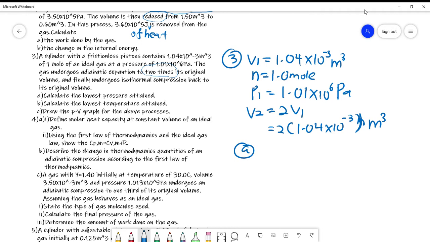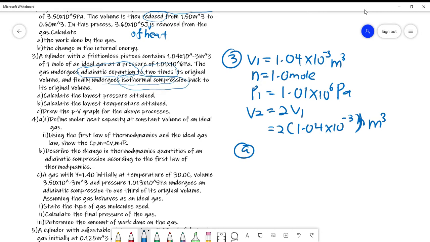Okay, so finally it undergoes isothermal compression. So the first process is adiabatic expansion, and the second process is isothermal compression.